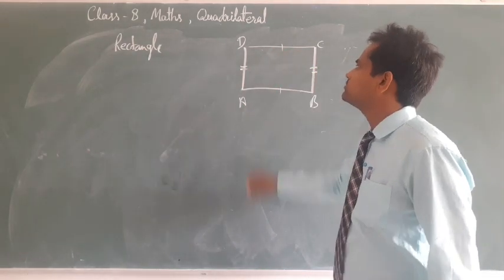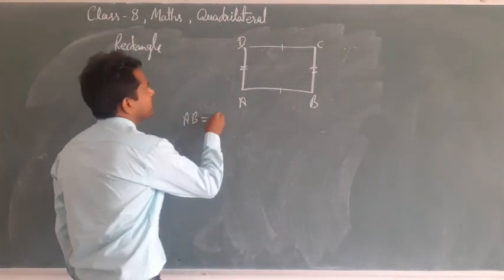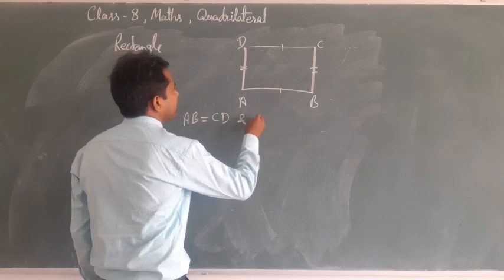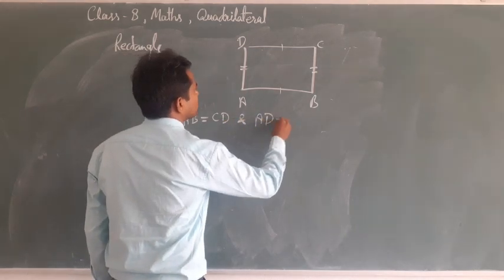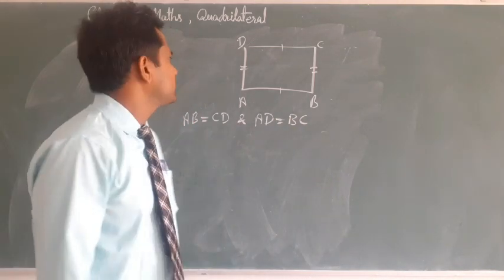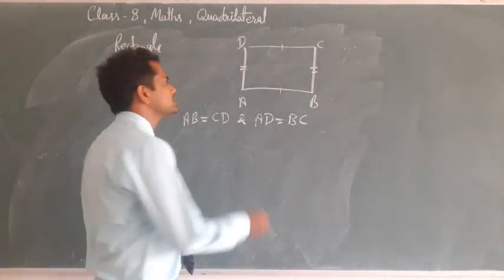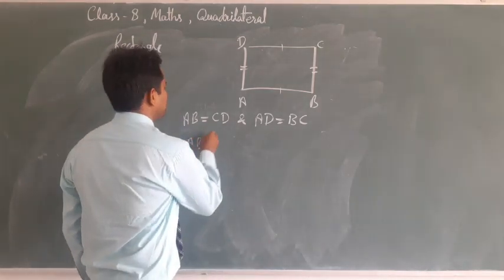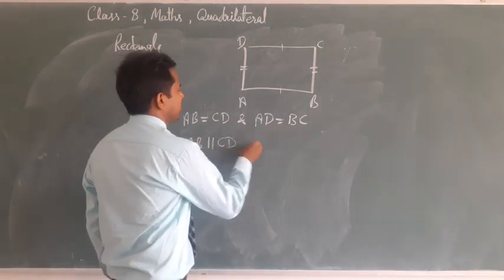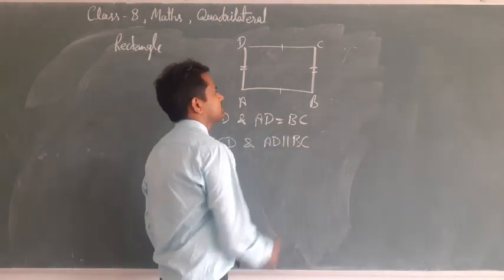So opposite sides are equal and, in a rectangle, opposite sides are parallel to each other.